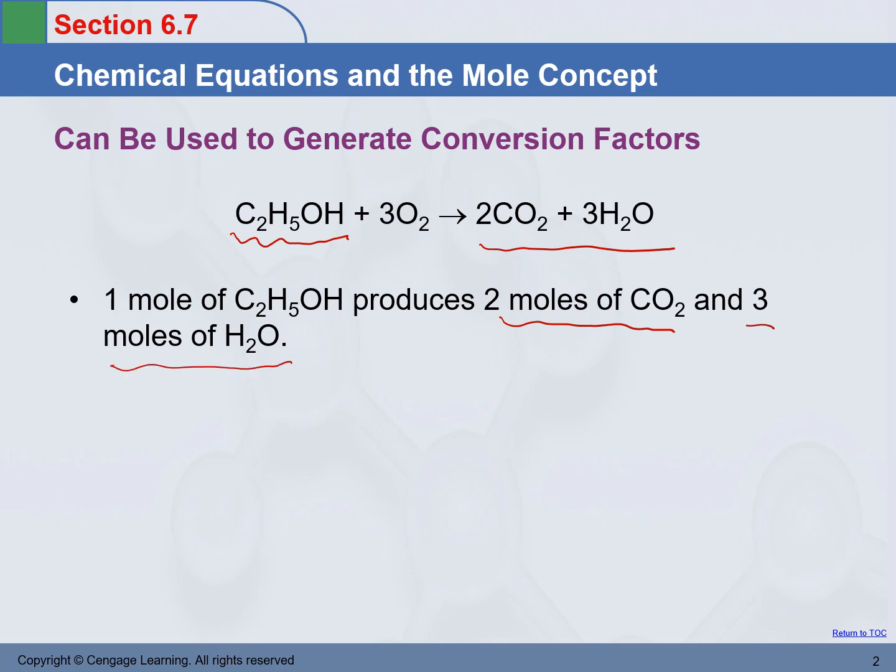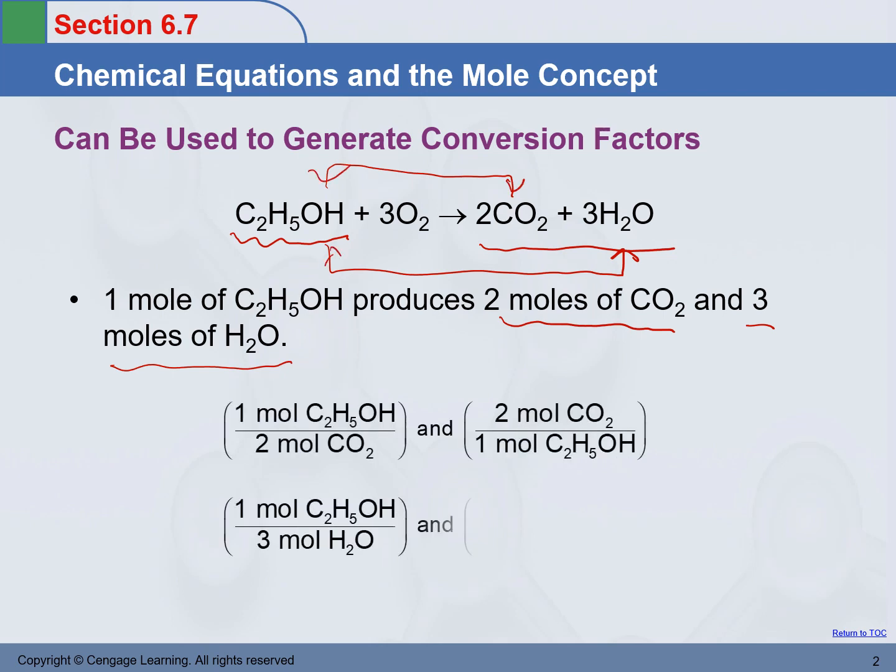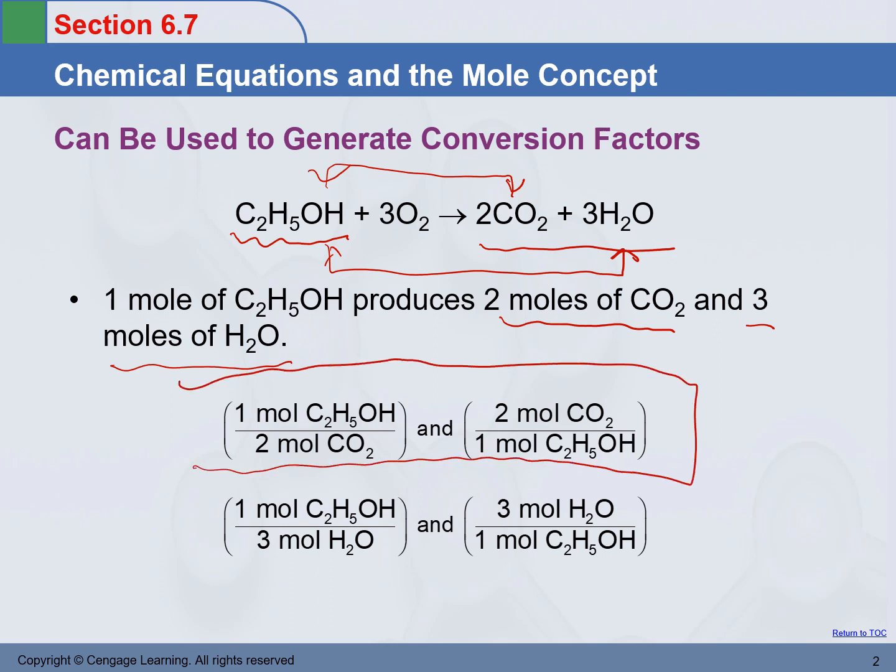Talking about the molar relationship between ethanol and carbon dioxide, or ethanol and water, there are different ways to write them. The first one tells you the molar relationship between ethanol and carbon dioxide. Every 1 mole can produce 2 moles of carbon dioxide. To produce 2 moles of carbon dioxide, you need 1 mole of ethanol.